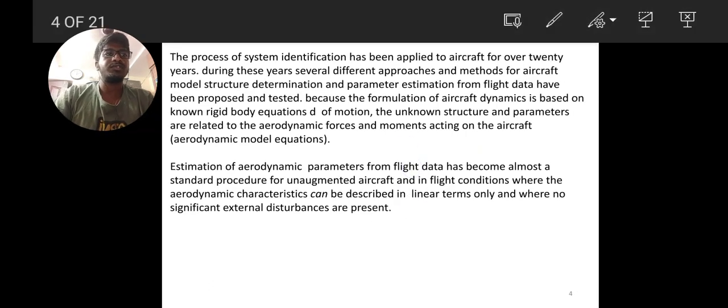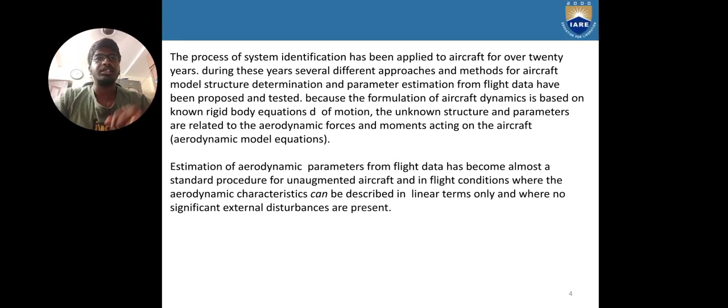The process of system identification has been applied to aircraft for over 20 years. During these years, several different approaches and methods for aircraft model structure determination and parameter estimation from flight data have been proposed and tested.